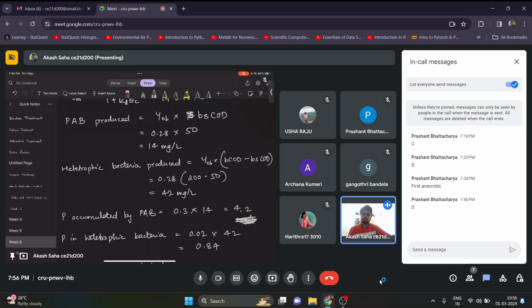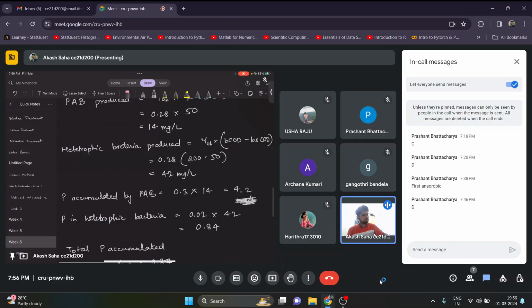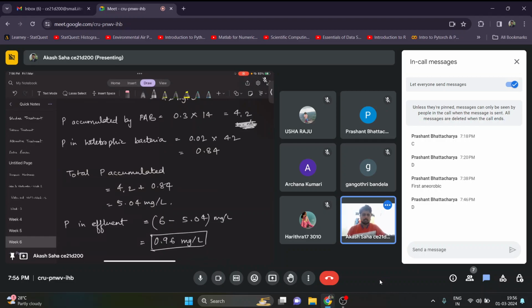Then we found the heterotrophic bacteria produced, that is 0.28 into 200 minus 50, the leftover biodegradable COD. Then we found how much phosphorus is accumulated in the PAB and in the heterotrophic bacteria: 0.02 for heterotrophic and 0.3 for PAB. Then we find the total and subtract it from the total phosphorus present in the system. So my effluent phosphorus will be 0.96 milligram per liter. Easily we can find out this answer.